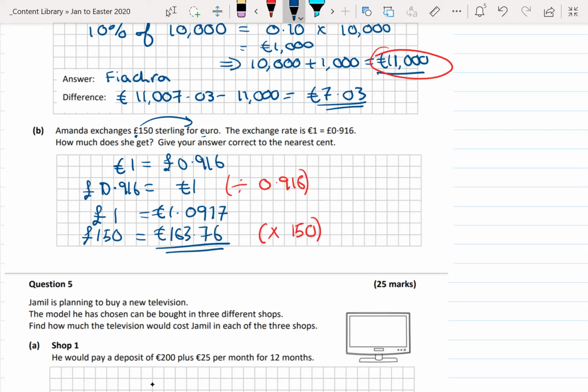Now, another way to do this, if you wanted, is 150 sterling divided by 0.916. And you'll still get the same answer, okay? Whichever way you prefer. So that's just an alternative method. Okay, that is question 4.